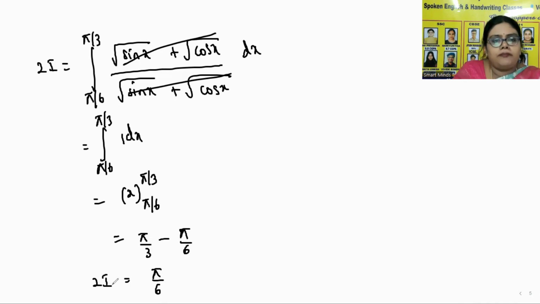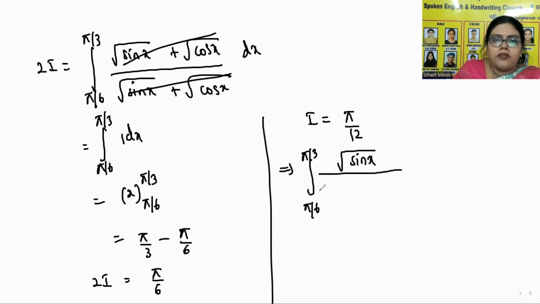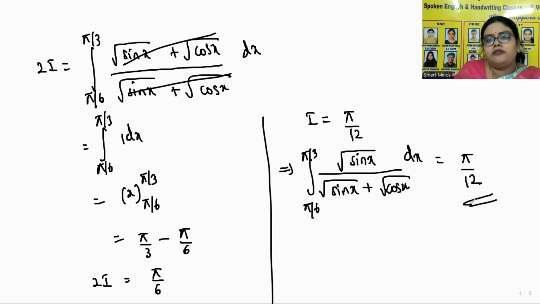This is 2I, so what will be I? I will be equal to pi by 12. So that means integral pi by 6 to pi by 3 root sine x by root over sine x plus root over cos x dx equals pi by 12.